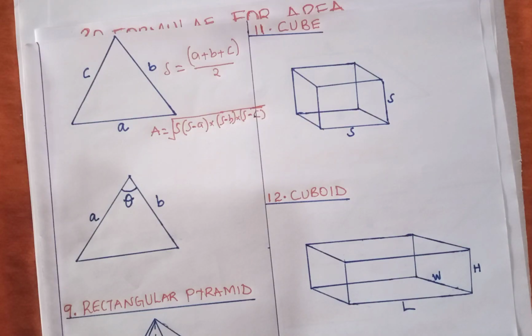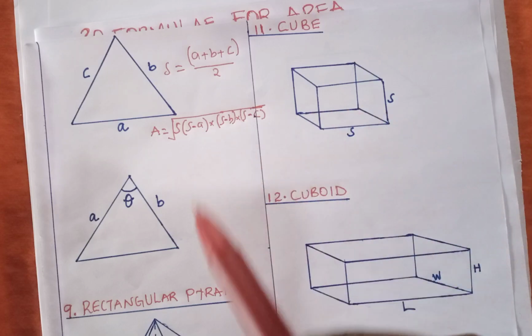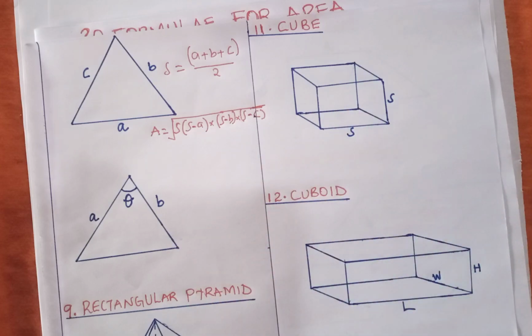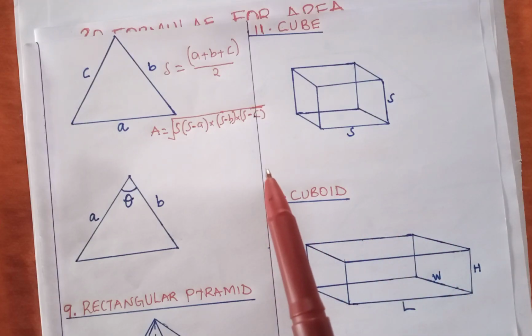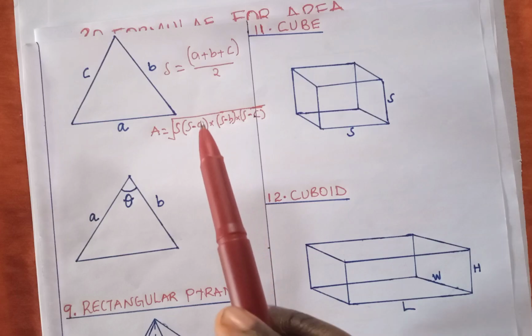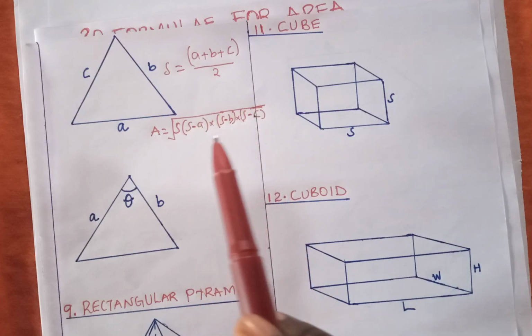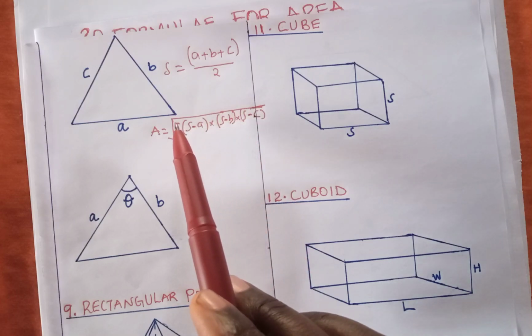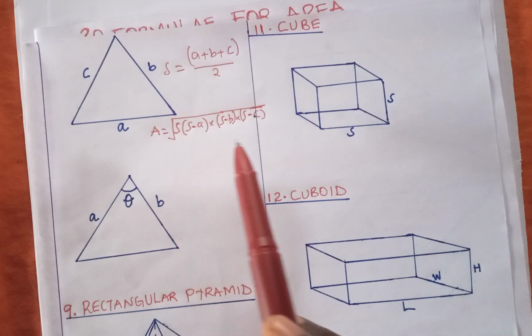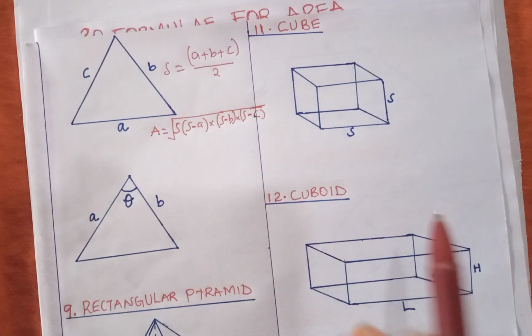So s is in fact half of the perimeter. After you have obtained the s, you proceed to Hero's formula.